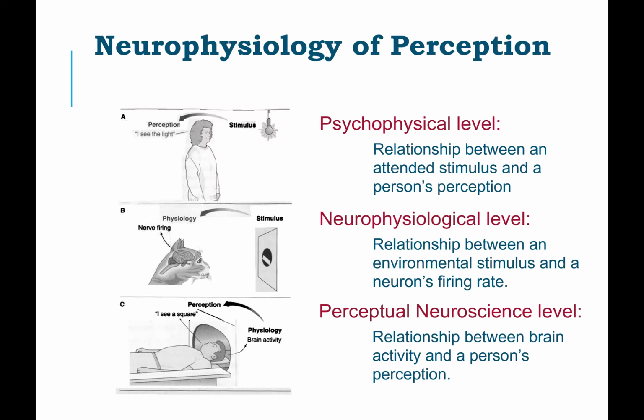So what we're talking about in neurophysiology does not really have to do with perception. A lot of the experiments that people have done in this domain are with anesthetized animals. Basically, you put a cat to sleep and then you open their eyes and flash a light in front of them in different places in space and measure the neural activity. So you don't even need them to be awake.